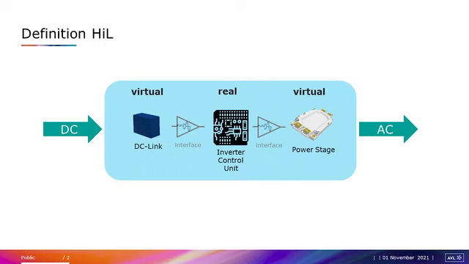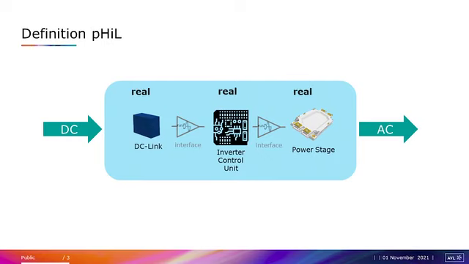Frankly speaking, I would say we define the HIL as a test bed where absolutely everything except the control unit is virtualized. So in this case we have a virtual DC link unit, we have a virtual power stage, but we have the real control unit and we would like to have the real software tested on that.